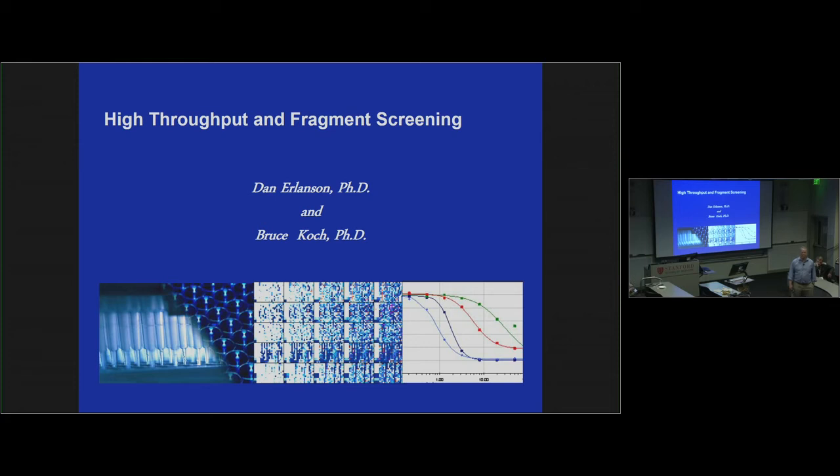Until you test the things they predict, they have no idea whether it worked well or not. That's the downside. But other than probably having to order some compounds, it's not that big a deal. Personally, my second place I would go would be fragment screening, if you have a crystal structure.